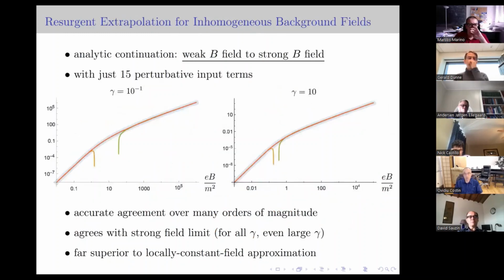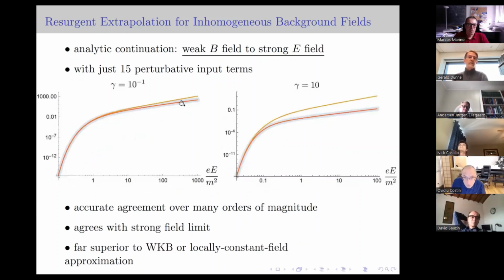So once we know that, we can be more hopeful that we can apply these analytic continuation techniques. Let me just say quickly that the same structure applies. Even in this problem, if I fix gamma to be small or large, with just 10, 15 perturbative input terms, we get perfect extrapolation from the weak field expansions to the strong field expansions, even at very inhomogeneous fields.